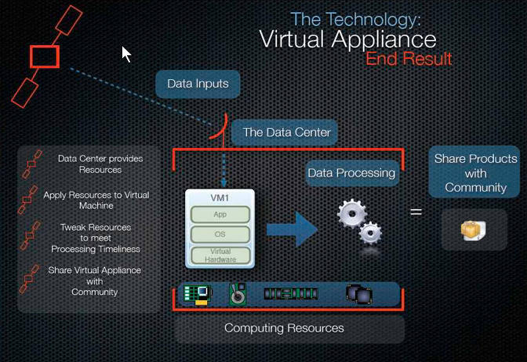So the resourcing of the application becomes a problem, because if it goes live and there's not enough resources, or the timeliness requirements around delivering product to the community are not met, then we're stuck with what we have in a traditional environment. When we use server virtualization, we can tweak those resources, whether that be I/O, storage, CPU, or memory. We have the ability to tune the resources to produce the product in the timeliness that we needed to begin to share with the community.